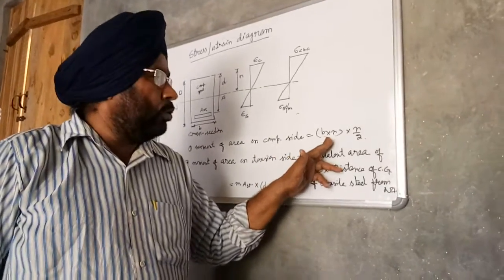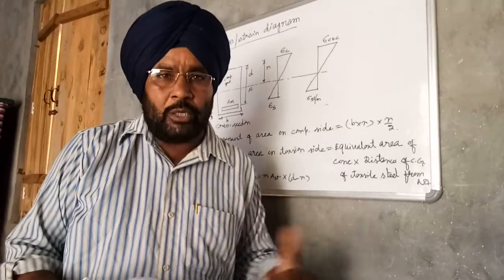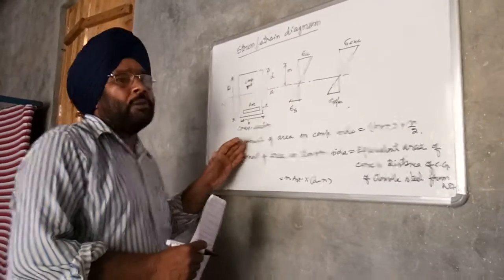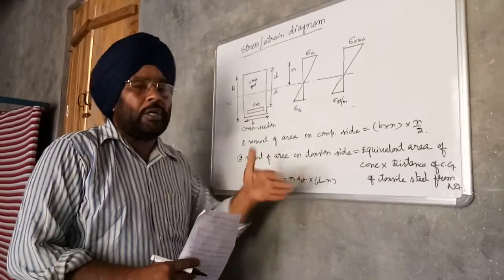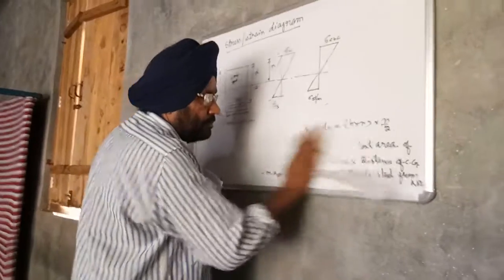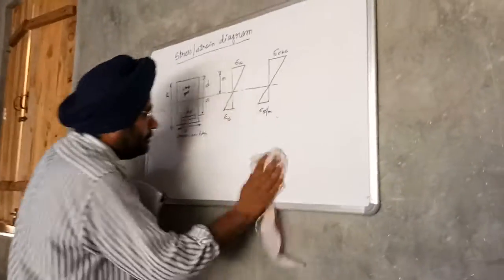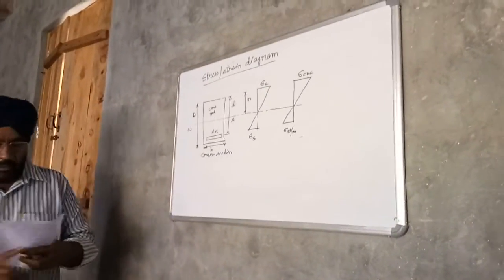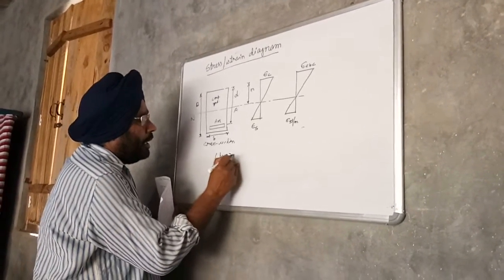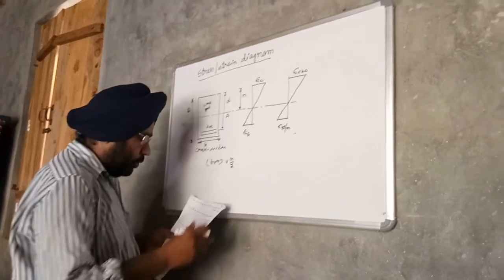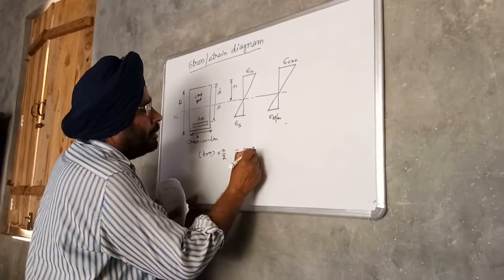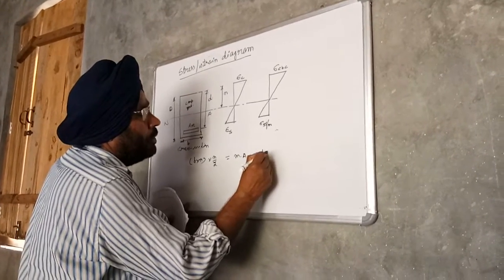The moment of area on the compression side is B into n into n by 2. For equilibrium of the section, it must be equal to the moment of area on the tension side. So B n square by 2 is equal to m into Ast into d minus n.